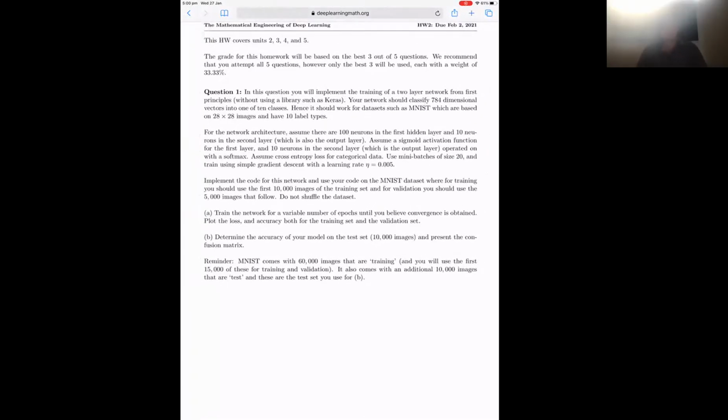No. The purpose of this question is to really explore the equations of the forward pass and then the back propagation with the chain rule, the backward mode automatic differentiation manually. So no Keras, no Flux, no PyTorch, no Caffe, no TensorFlow. You don't have to do it in assembler. You can use Python or R or Julia.